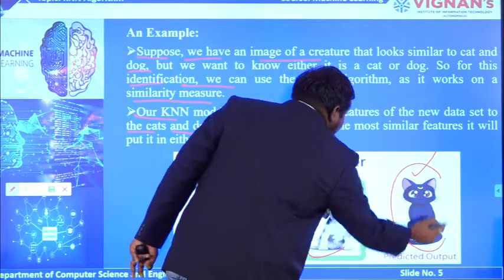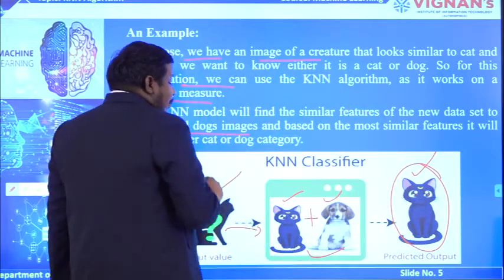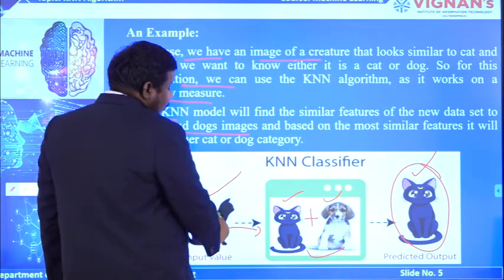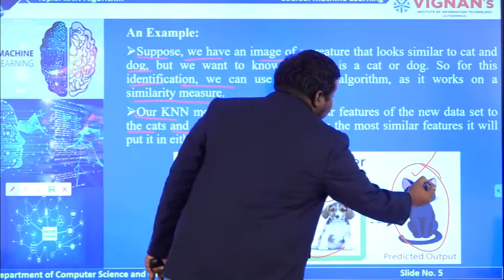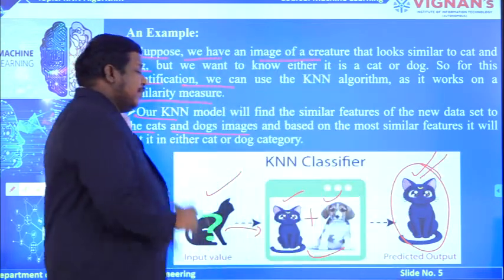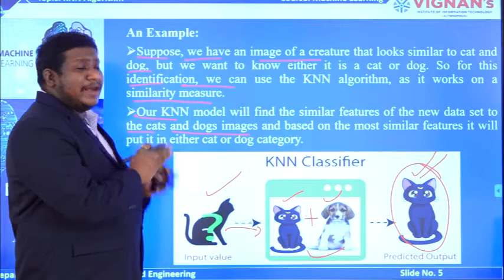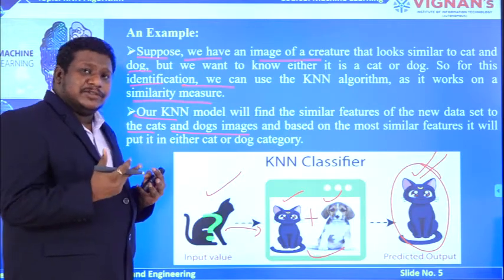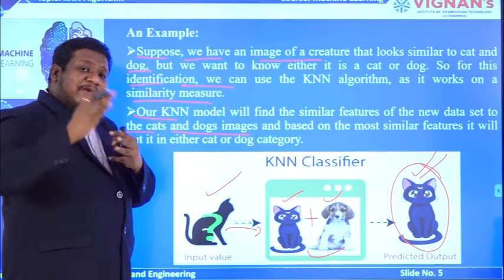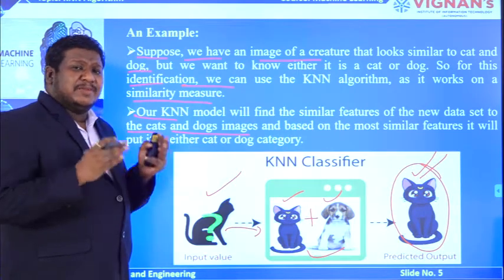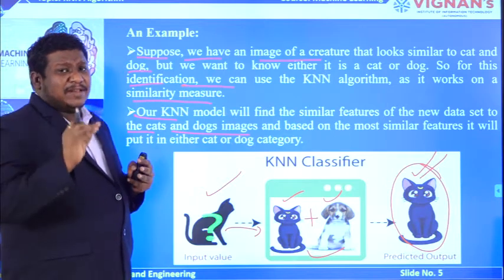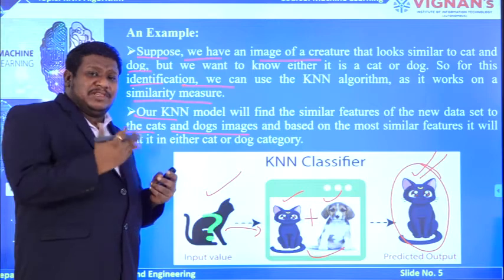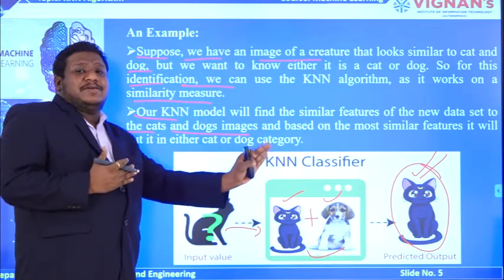Now by observing the similarities of this input image, most of the similarities are with the cat, so our output will be a cat. In this fashion, the KNN algorithm is going to work. That means when we have input data points and a database, we conduct the similarity measure between the input and the items in the database, and based on the highest similarity, we finalize that as our output value.